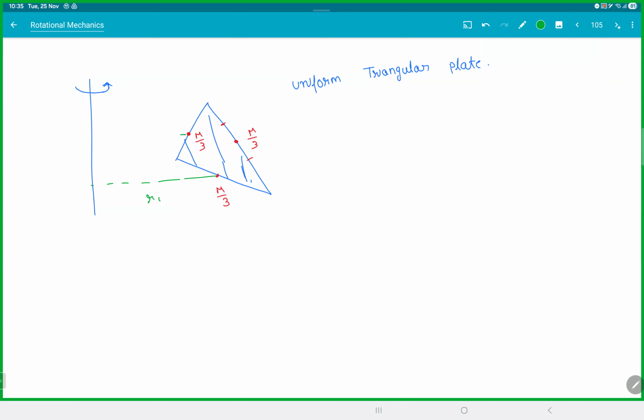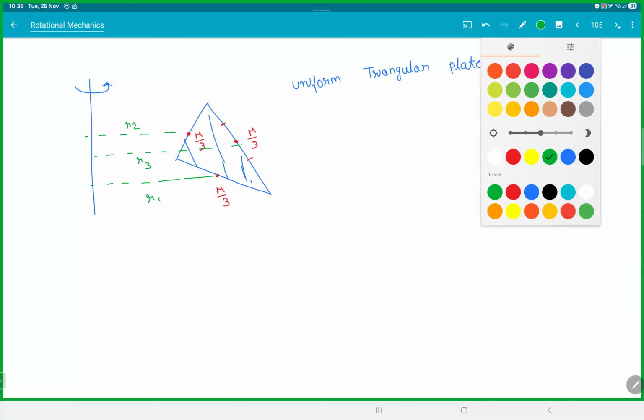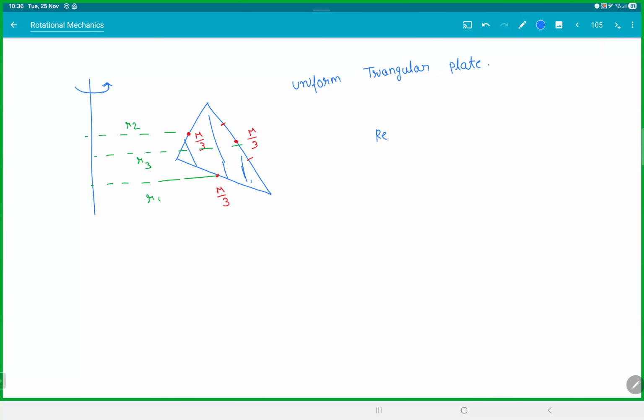Let the distances be r1, r2 and r3. So replace the triangle with m by 3 at the center of the sides.